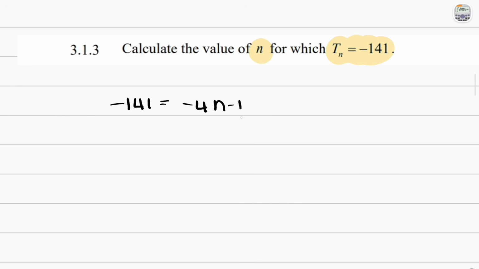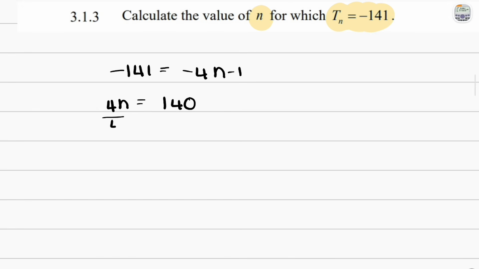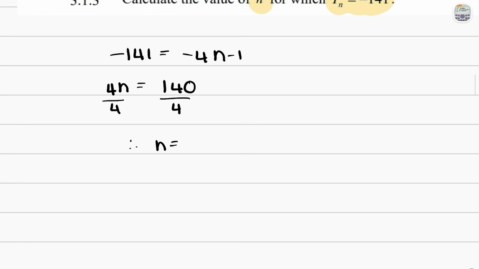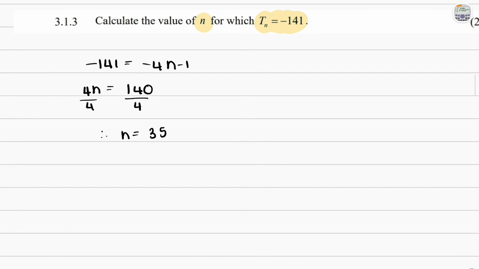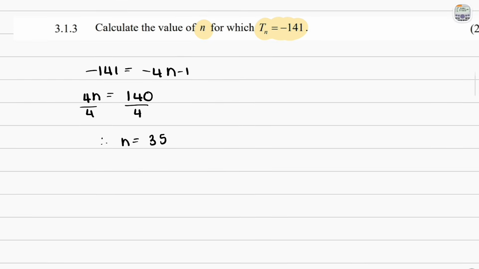Transposing the -4n, it becomes +4n is equal to +141 minus 1, which is +140. Now we divide both sides by 4. Therefore, n is simply equal to 140 divided by 4, which is 35, because 35 plus 35 is 70, so that's double of that. That is our answer.